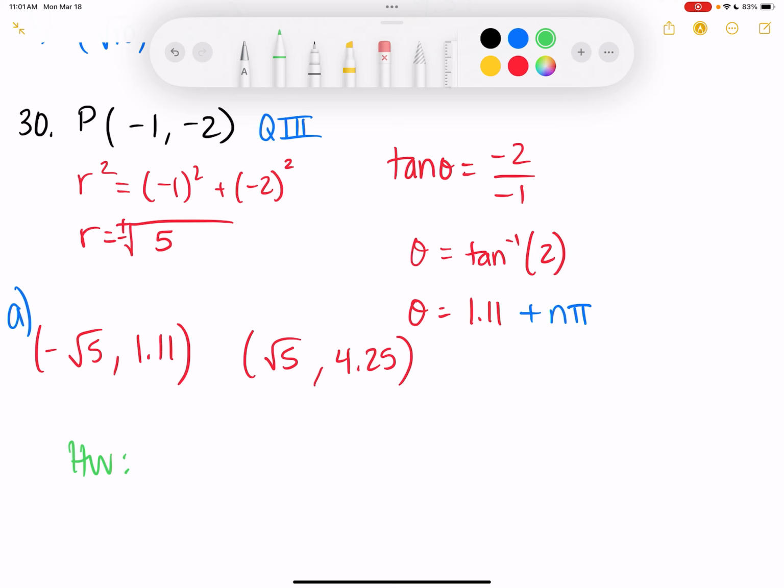Problems so far: 1, 5, 7, 9, 13, 17, 19, and then 27 and 29.